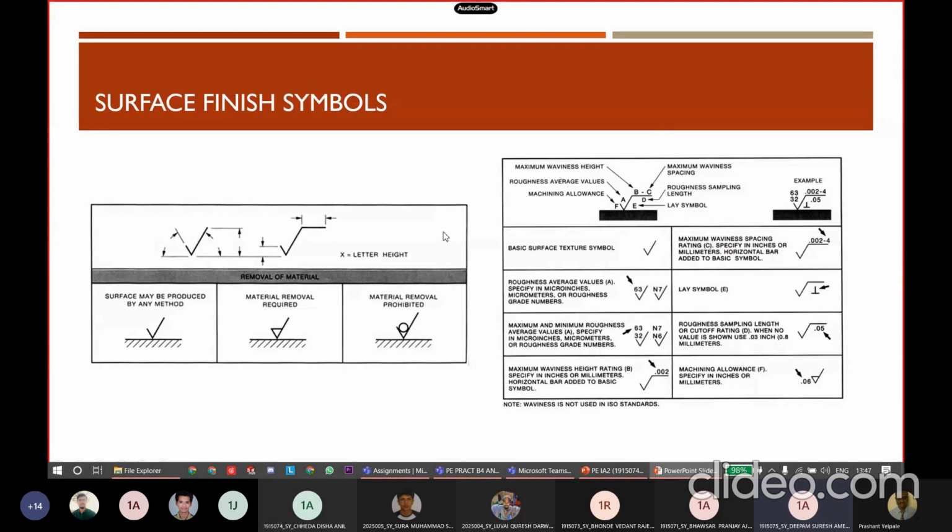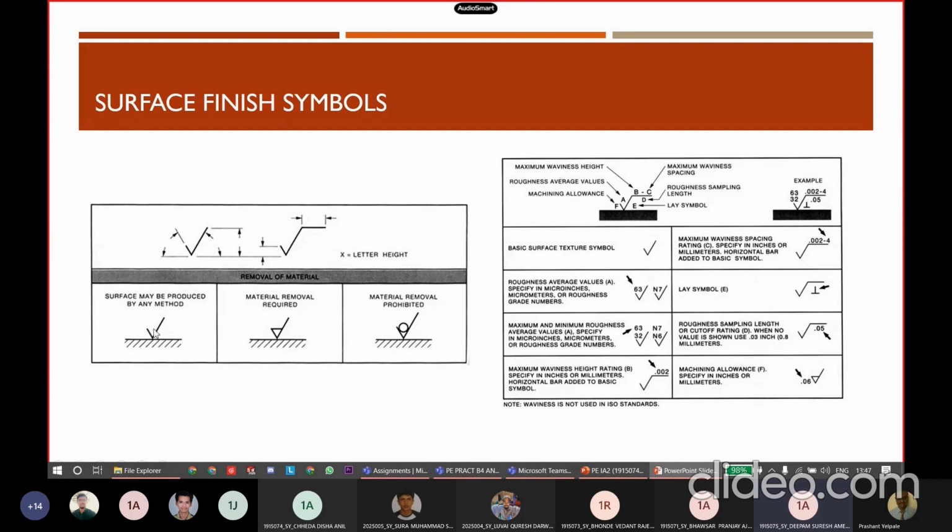Next comes the different ways of symbolizing the surface and its finish, and how to improve its finish. This is one of the simplest symbolizations of the surface, and there are basically three types.